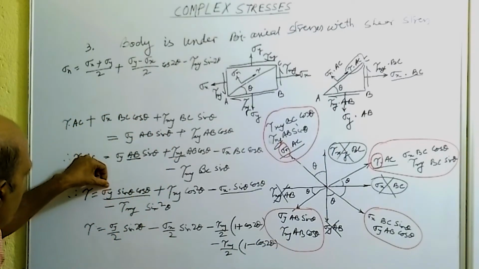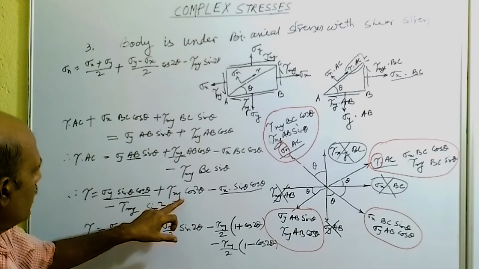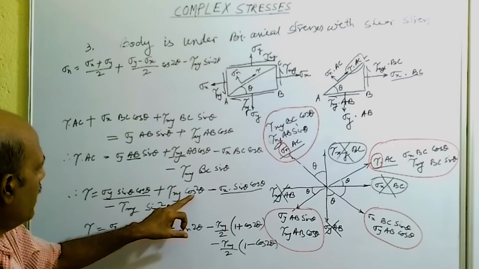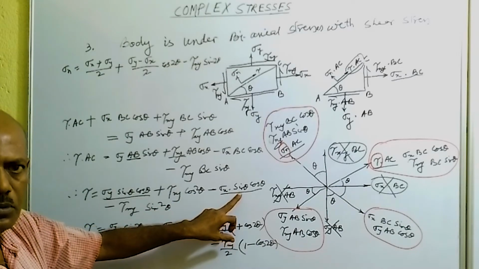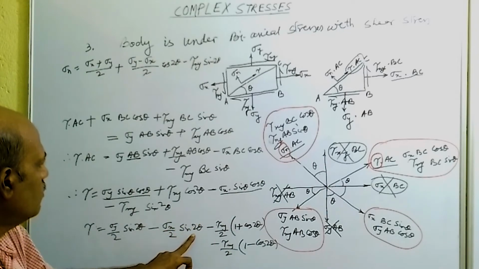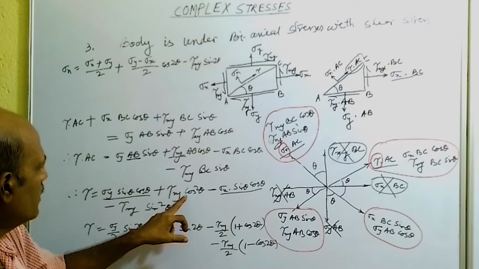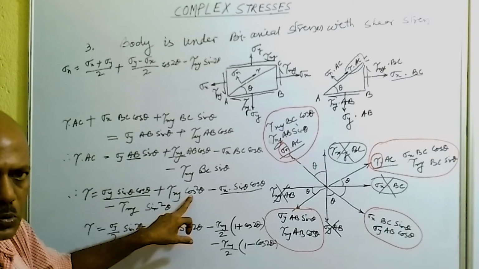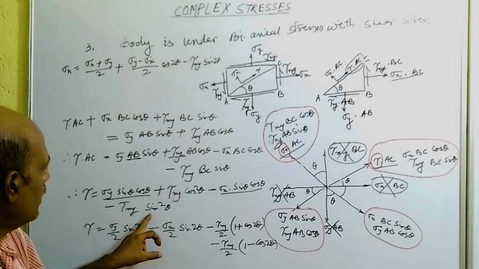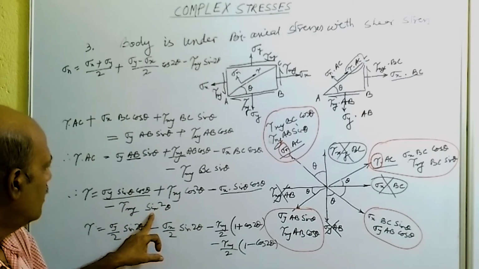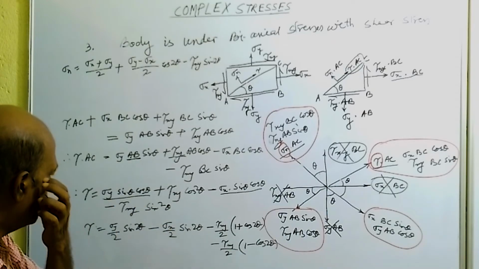So sigma y by 2, 2 sin theta cos theta is sin 2 theta. Next we take sigma x by 2, 2 sin theta cos theta, that is sin 2 theta, then tau xy cos square theta, tau xy by 2 into 2 cos square theta is 1 plus cos 2 theta, minus tau xy by 2 into 2 sin square theta, which is 1 minus cos 2 theta.